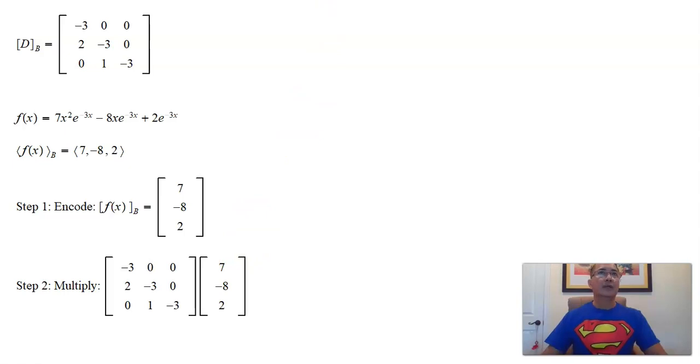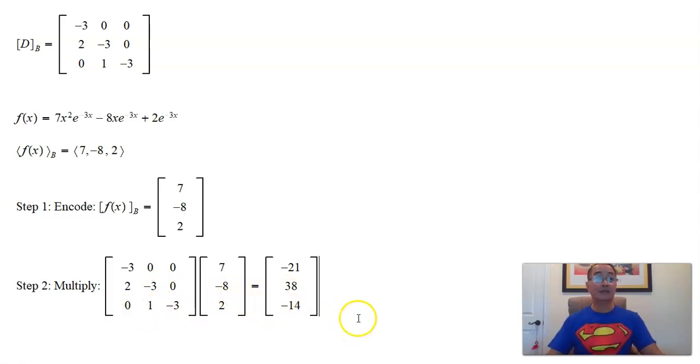Click and we get that's the matrix product. Minus 21, 14 plus 24, 38, 0, minus 8, minus 6, minus 14. So last step, we will decode.